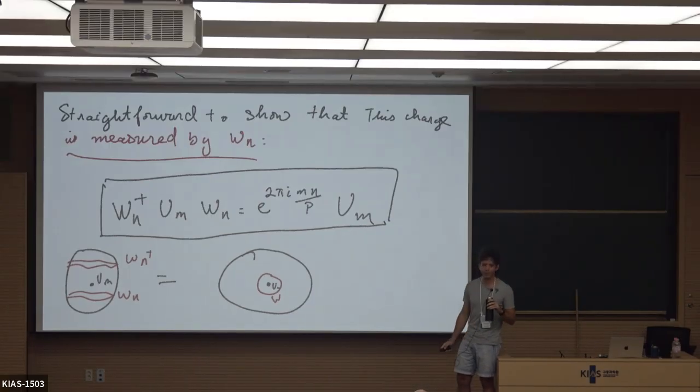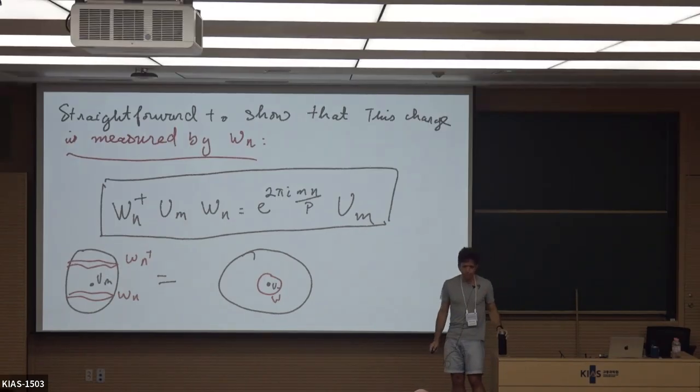Okay. Any other questions? These operators U and W. Is this like the 't Hooft loop and the Wilson loop in 2 dimensions? No, maybe not.